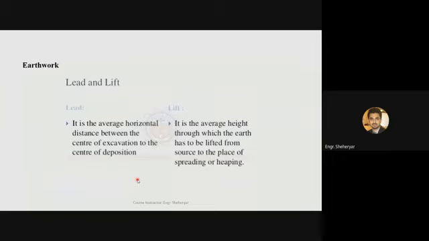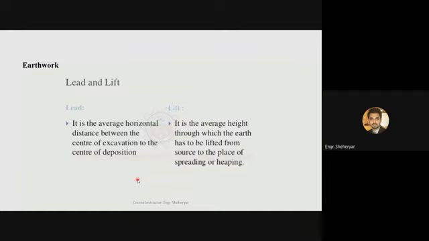So definitely it would increase the cost of your excavation, for which you are not prepared, which may decrease your profit, or which may take you into loss.